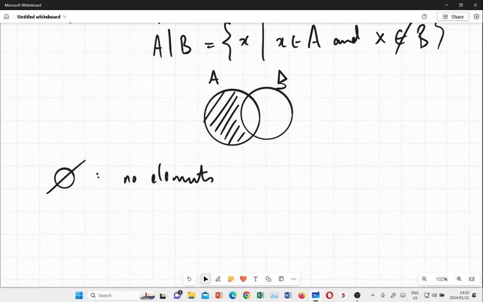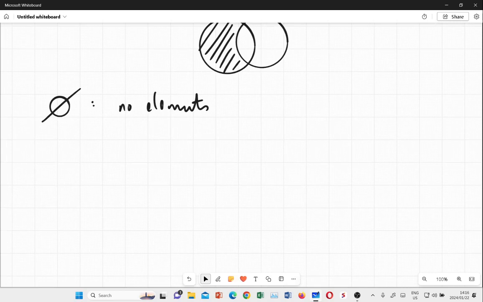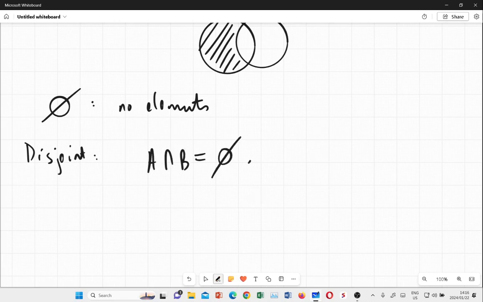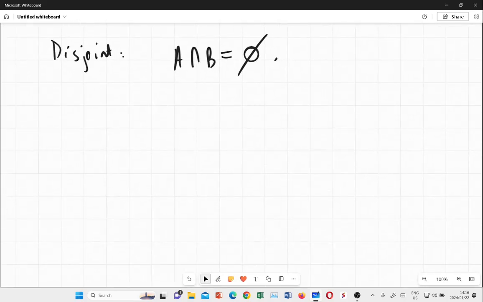It's like a vacuum, okay? And when you've got an empty set, it basically allows you to describe when two sets are disjoint, when two families have nothing in common, and that is when their intersection is identically equal to the empty set. Okay.